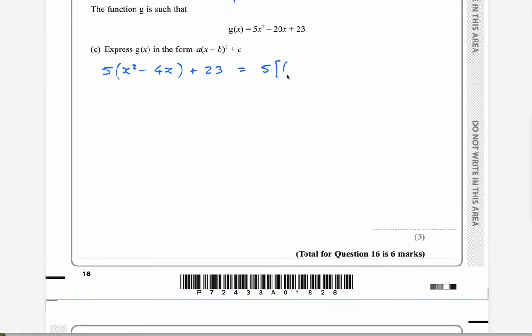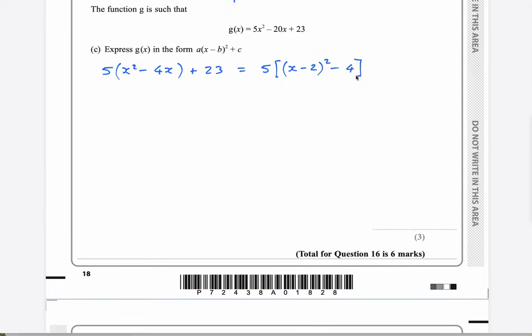Then what I do is I do x minus 2. I half this and square it, and then I subtract 4. I always subtract this squared, whether it's positive or negative, this is minus this squared. So I subtract this squared, which is 4.